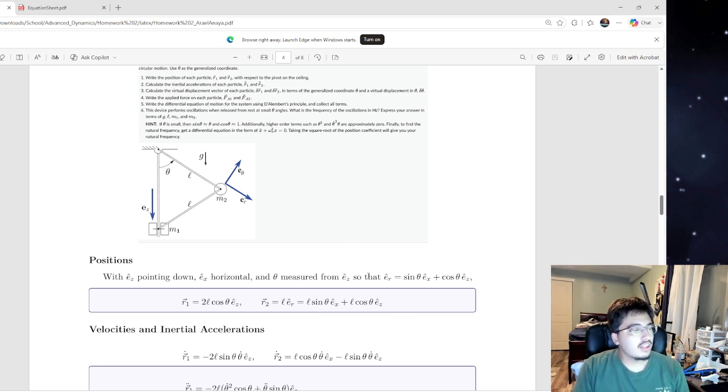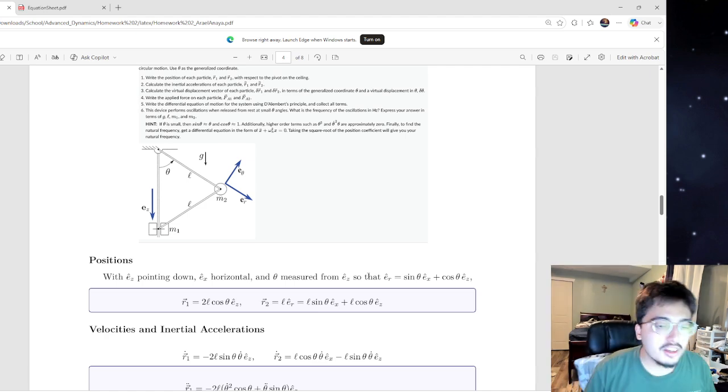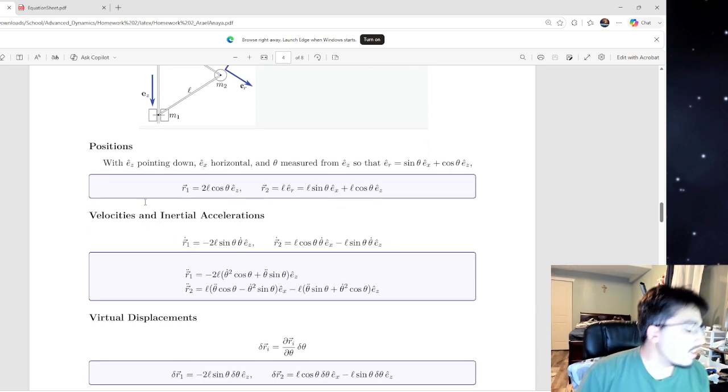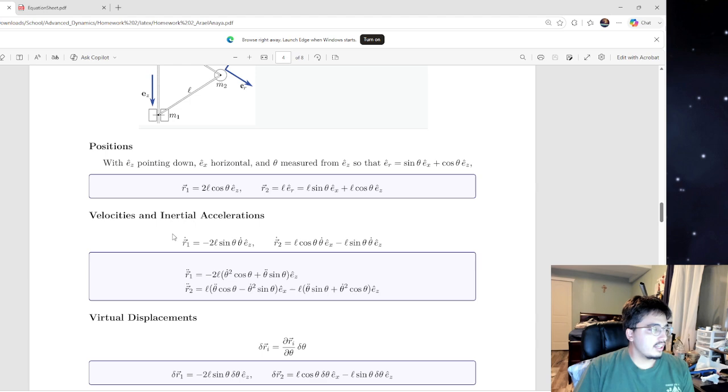I did that because I thought later, when putting all of this into the same F equals MA equation with D'Alembert's principle, it would be easier, so I wouldn't have to do the frame conversions there. But maybe it would have been better to keep it in L ER because then the integration would have been easier. I think someone else took the other approach, and there are pros and cons to both.